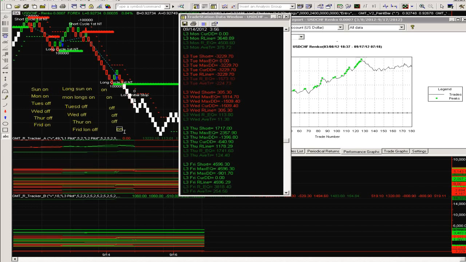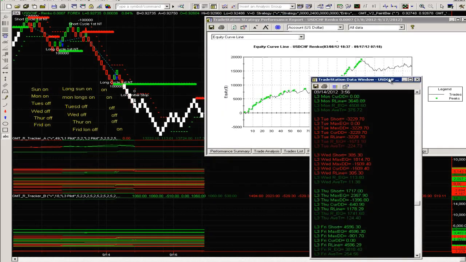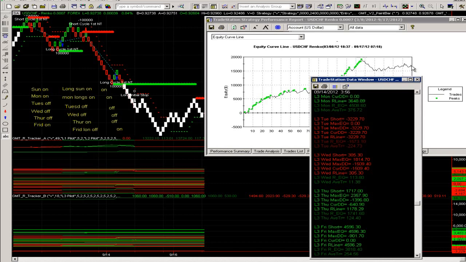So, from a strategy that is running basically all days, which we've got here, this thing is running all days. It's made $15,000. How much better are we going to do when we run our high performance system, based on what we've seen so far?